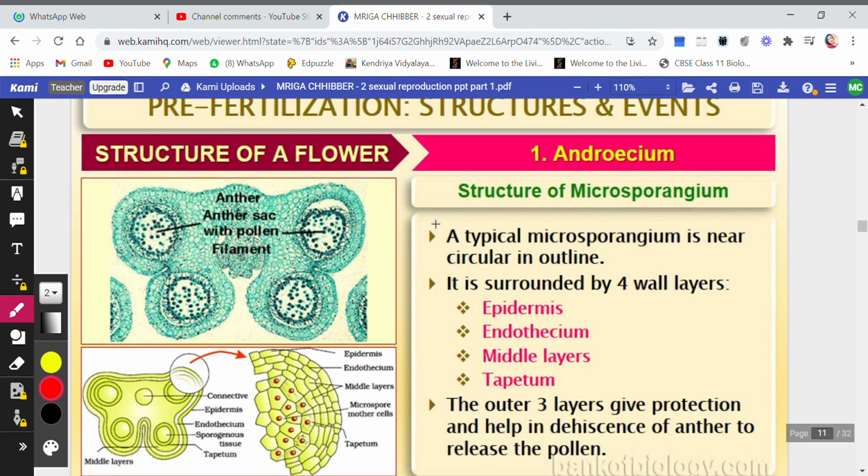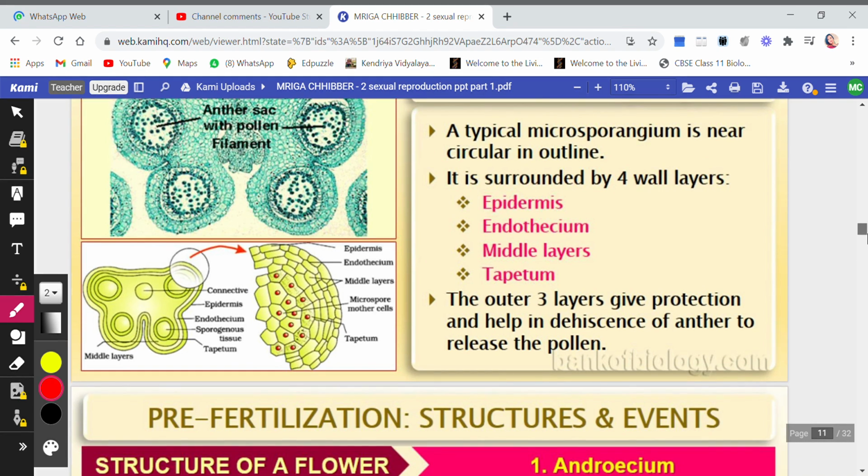Now let's move on. A typical microsporangium is near circular in outline. That means almost circular, as you see. It is surrounded by four wall layers. Now each microsporangium is made up of four wall layers.